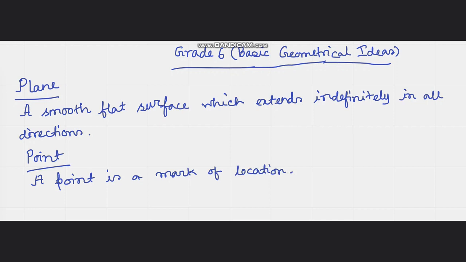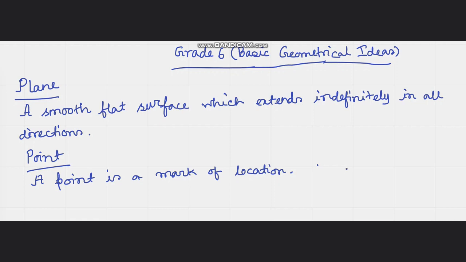When we make a mark on a paper, we just put a dot like this. That is the point. You can see that a point doesn't have any width, length, or height, right? Points are normally denoted by capital letters.